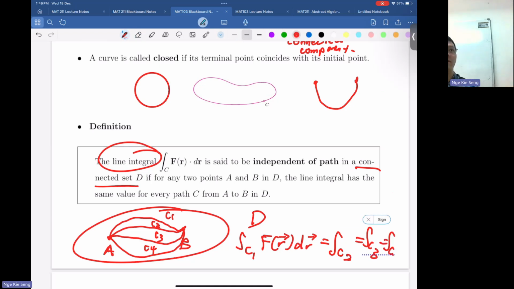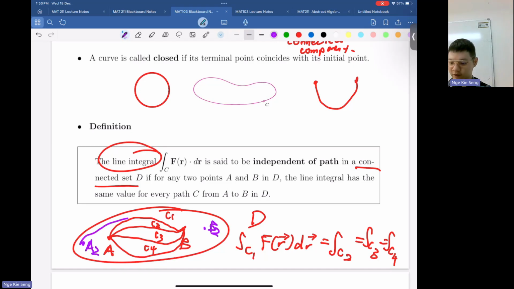And not only that, this definition also has an arbitrary part. It has to be true for any 2 points A and B in D. For every different pair of points in D, it also has to hold. For example, I can take A2, B2 here.